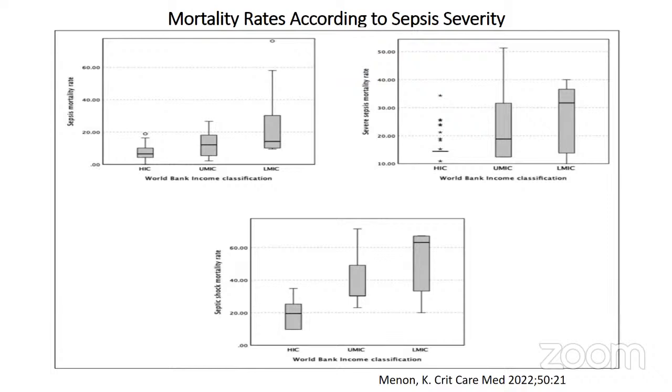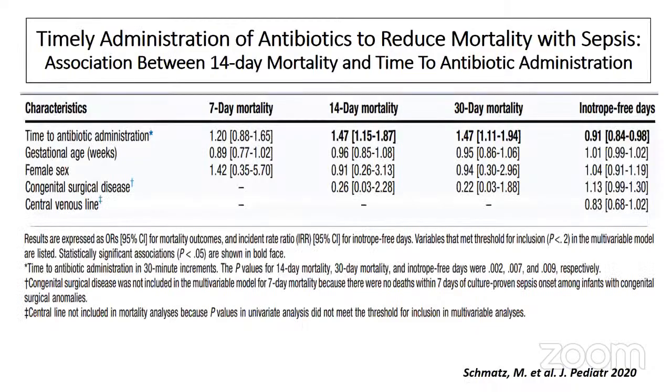And exactly because of this fear that once you've got septic shock, most of the time you've lost the boat. Now, the other important thing is that once we pick up that the patient has sepsis, we should not wait in starting antibiotics. Start the antibiotics as soon as possible.